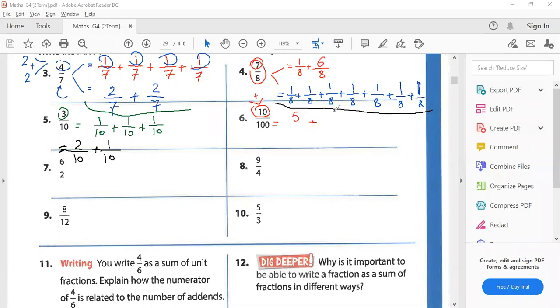Excellent. 5 plus 5 over what? Over 100, my friend. We have the same denominator, 100. I need you to give me another way to express this 10.